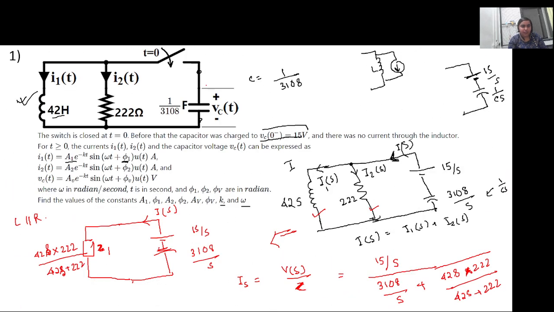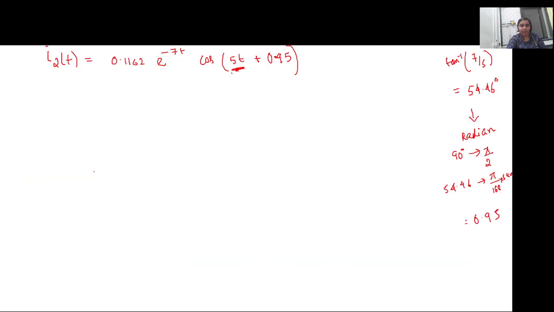In the question it is given in terms of sine, so we can also write this in terms of sine. So 0.1162 e to the power minus 7t. We know sine of 90 degree plus theta is equal to cos theta, right? So we can write it in terms of sine, but then again 90 degree has to be written in radians. Sine of pi by 2 plus 5t plus 0.95.